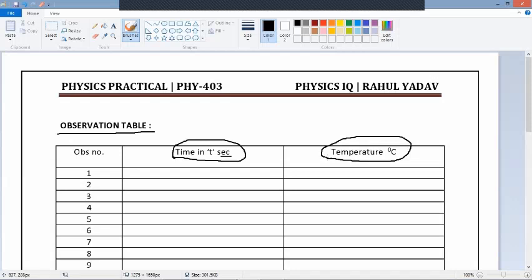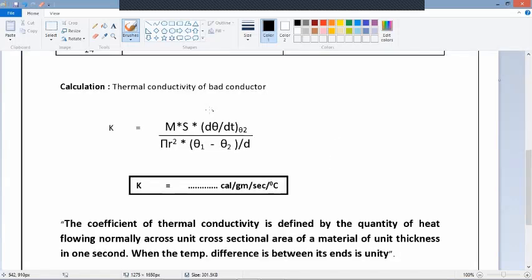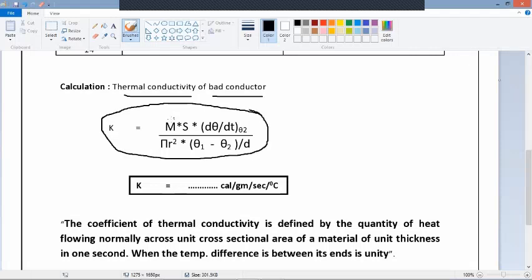For finding the thermal conductivity of a bad conductor we have the formula, where m is the mass, this is your specific heat, and this is your slope at theta 2. What is the slope?